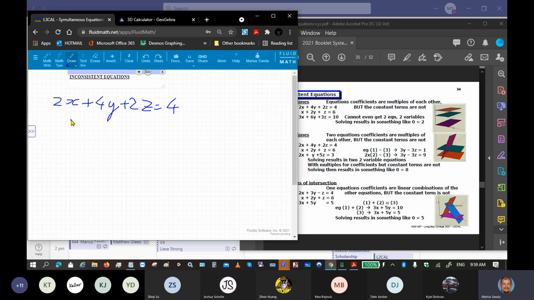Second one is x plus 2y plus z is equal to 6. And then I've got 3x plus 6y plus 3z is equal to 10.